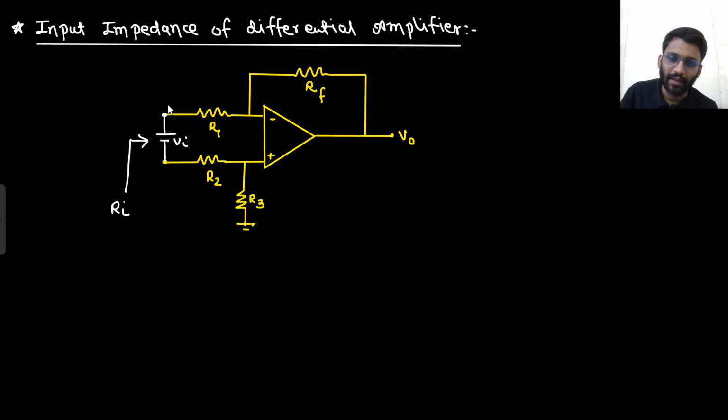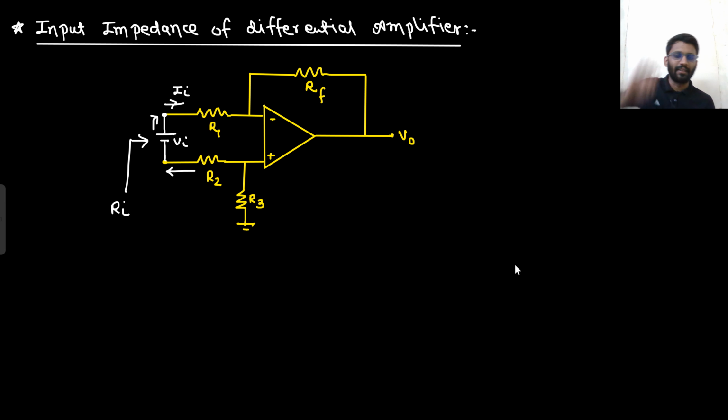This is Vi and we are getting Ii out of it. Tell me one thing, this Ii is getting out of this Vi. So it should be getting into it as well. That's for sure. So through this R1, if Ii current is flowing, then it is certain that through this R2 Ii current would be flowing.